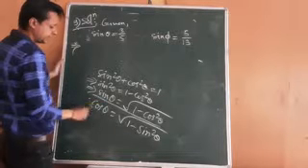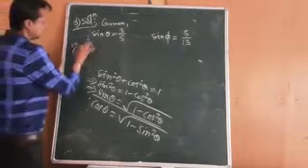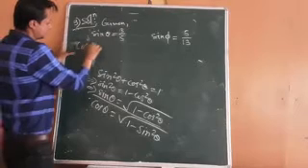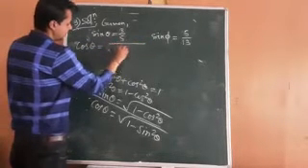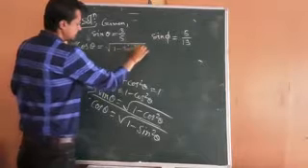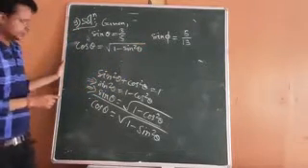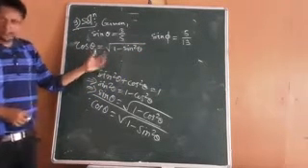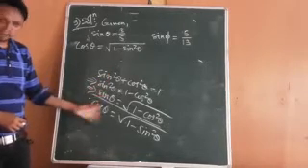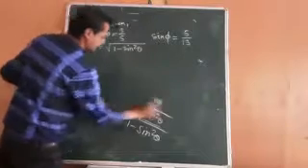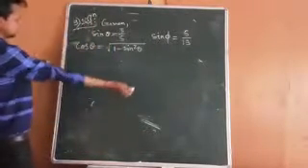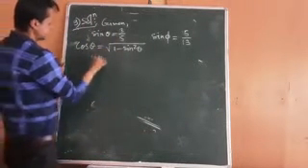I will write cos theta equal to root over 1 minus sin square theta directly. If you don't want to write it directly, you can use this part and so on.